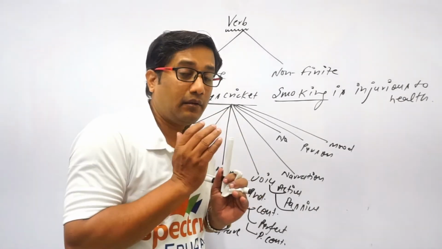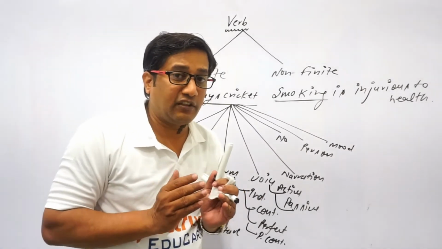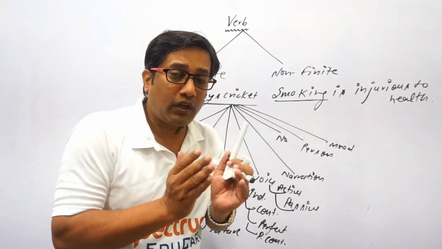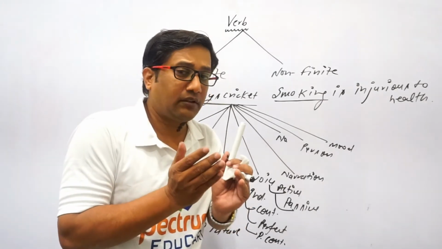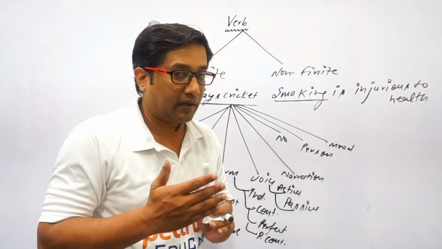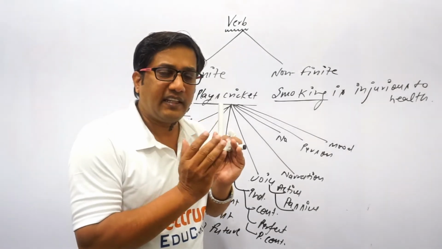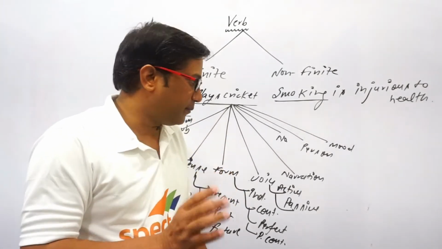Ram killed Ravana. But if you want to change your focus and you want to focus on Ravana, then you speak the same thing in passive form, like Ravana was killed by Ram. So that is the matter of focus, emphasis, and attention. But the meaning is the same.